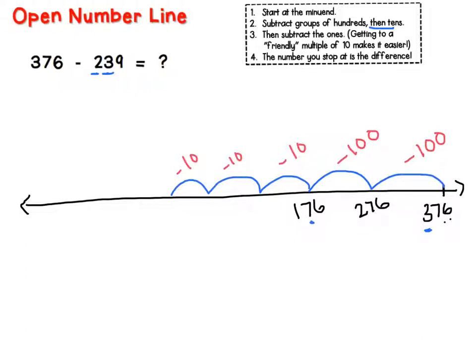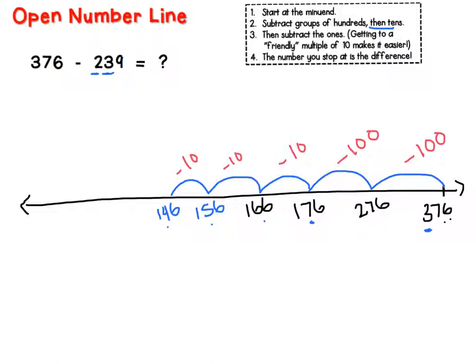So with that first jump from 176 taking away 10, that's going to leave me with 166. Taking away 10 more is 156. And 10 more is 146. Notice my tens digit was getting lower because I'm taking away.